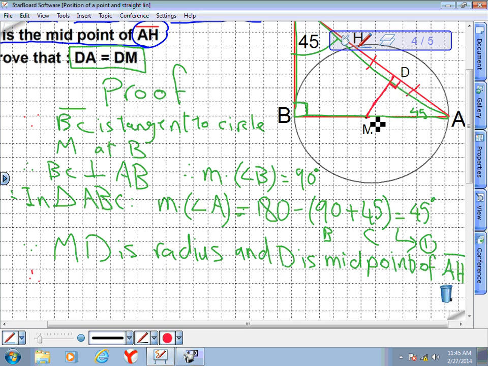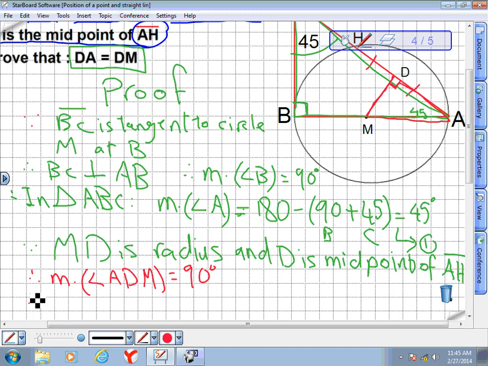We are talking inside the triangle ADM. Therefore measure angle ADM equals 90 degrees.